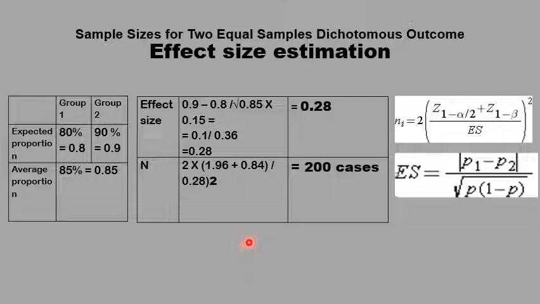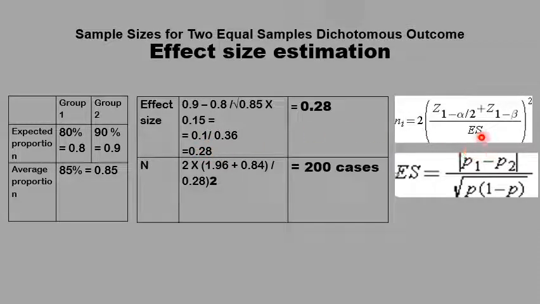So the effect size here would be to subtract the smaller from the bigger value, so that's 0.9 minus 0.8 divided by the square root of the average proportion, 0.85 multiplied by 0.15. So that will give you the number of 0.28 as the effect size.